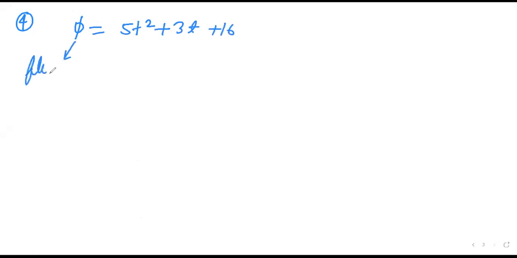See question number 4. Magnetic flux linked with the coil is given by 5t square plus 3t plus 16. So this is your flux part. It was asked in 2020.